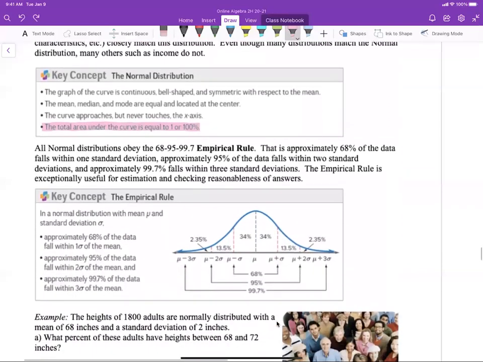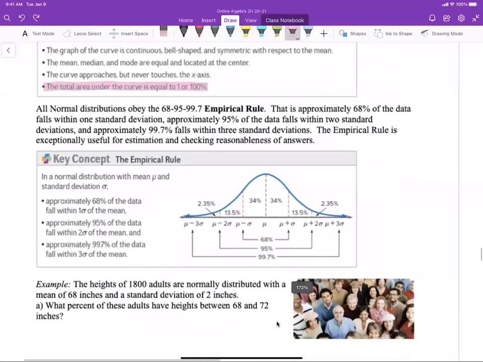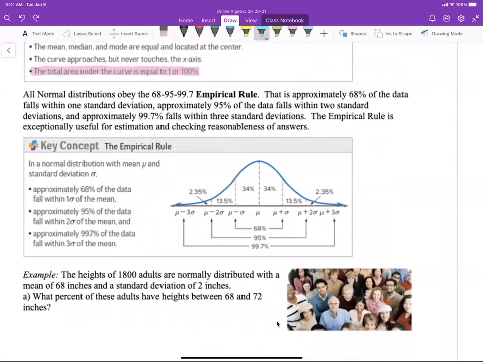All right, let's talk about this empirical rule. Normal distributions, and you need to memorize certain things about this. I'm going to tell you, normal distributions obey the 68, 95, 99.7. This is called the empirical rule. Okay, what does that mean? Okay, what that means is that approximately 68% of the data falls within 1 standard deviation.